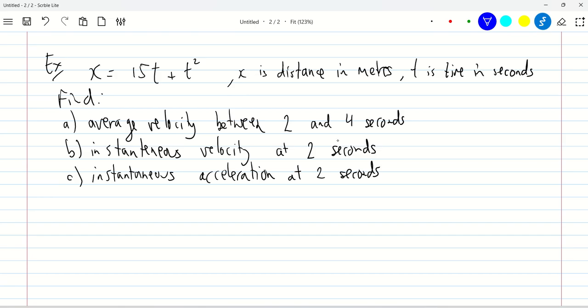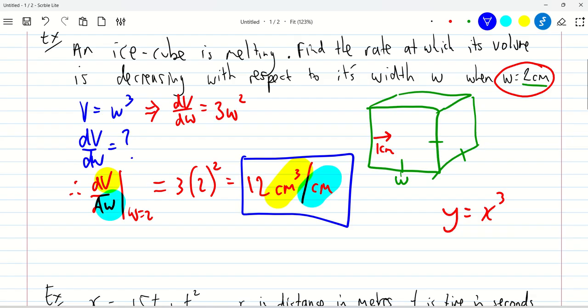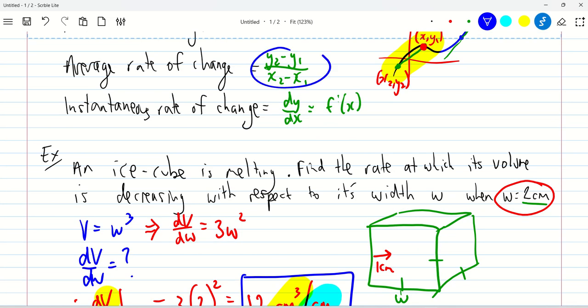Just before we do, let's talk about a couple of these things. Remember that velocity is the change in distance, so change in x is our distance here, over the change in time. If you're asked to find the average, that means x2 minus x1 over t2 minus t1, just like we talked about at the top with our average rate of change.